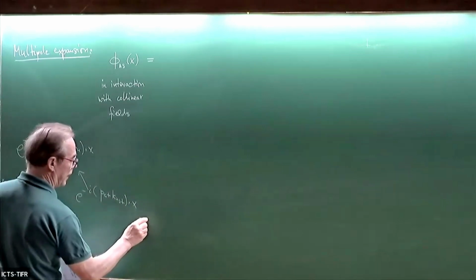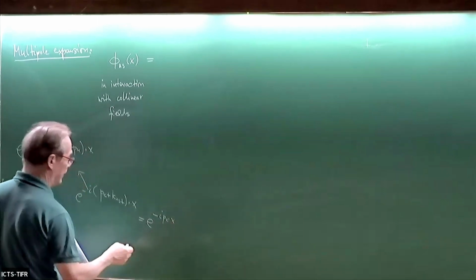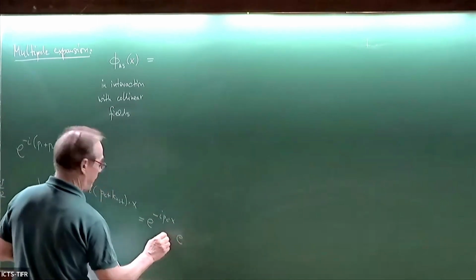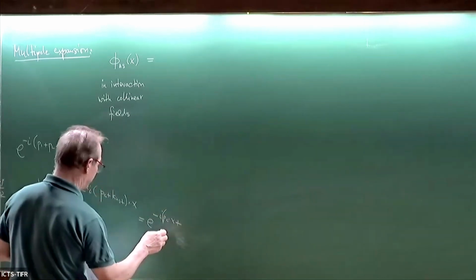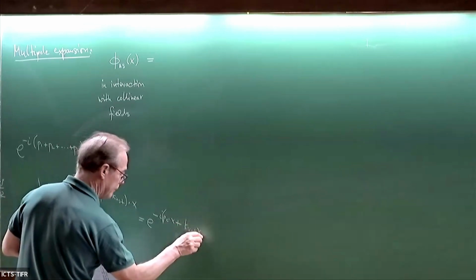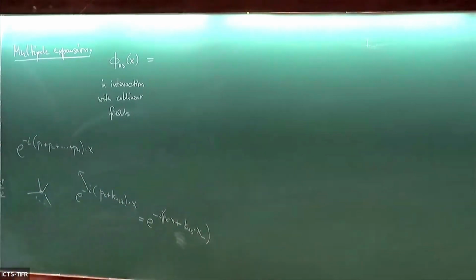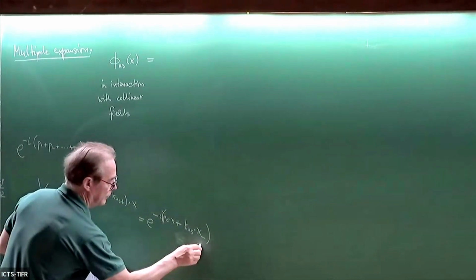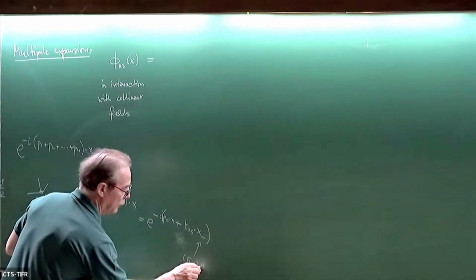But this is the same as writing plus K ultrasoft times X minus, where X minus is n bar dot X times n over 2.